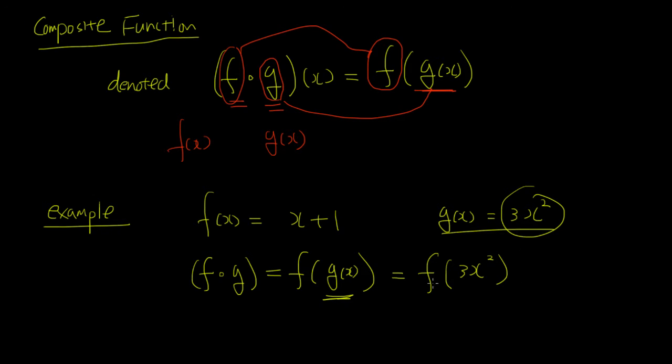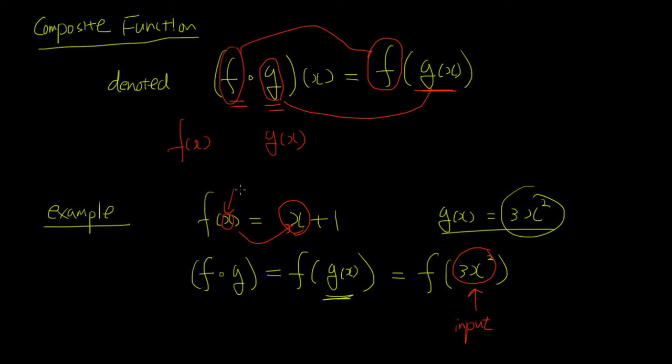Then, how do we actually find f of 3x to the square? Remember what this is? In function, whatever we write in here is going to be the input value, right? Same as this. Whatever that we put in here will actually affect this, because that's what it means.